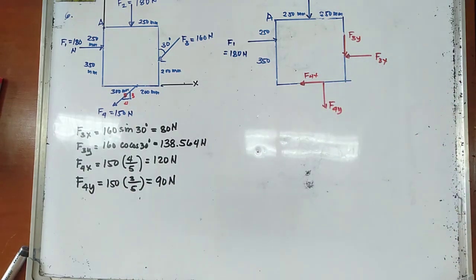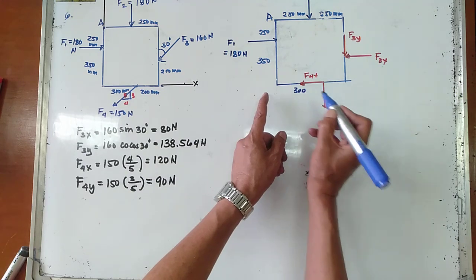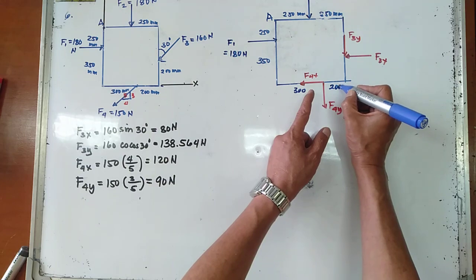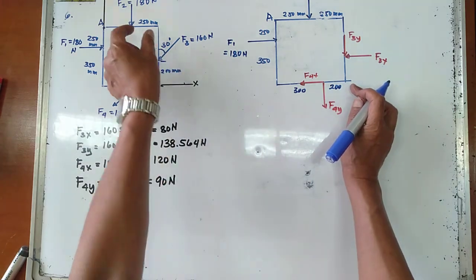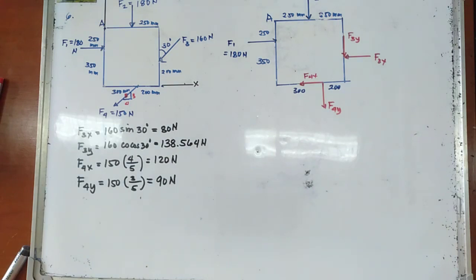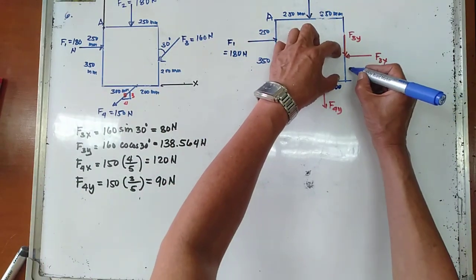Okay, so we have now the distances, 300 mm from this point, 300 mm. So this one is 200 mm. So all in all, that is 500, that is 250, and therefore, this one in here is 250. Now, this one in here is 200 mm.